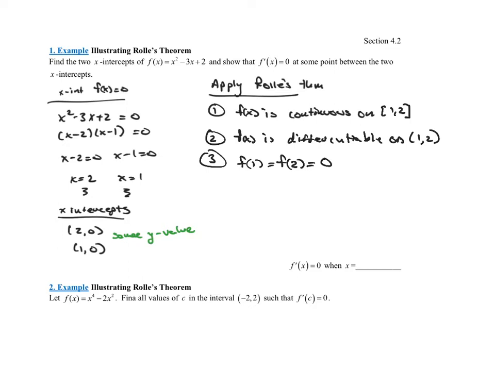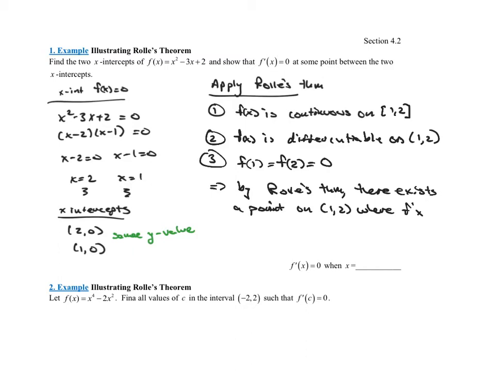So, by Rolle's theorem, there exists a point on the open interval 1 to 2 where f prime of x equals 0.